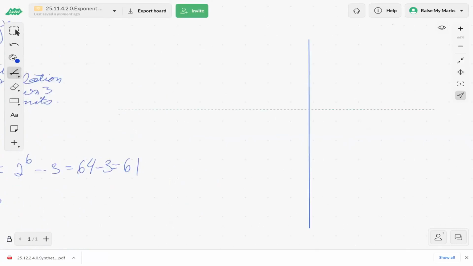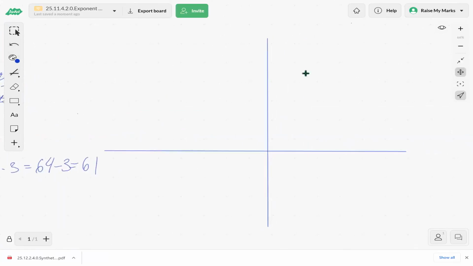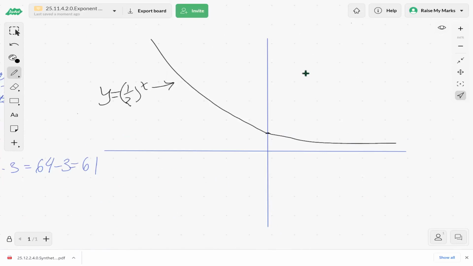Our parent function looks something like this: y equals 1/2 raised to the power x. It's a decreasing function. It has a horizontal asymptote, which is y equals 0, the x-axis. The y-intercept is 1, since anything raised to the power 0 is 1.